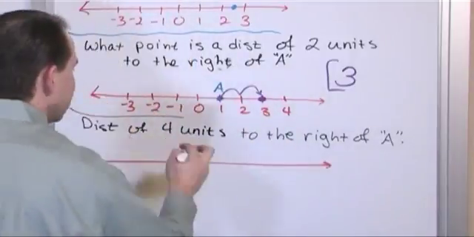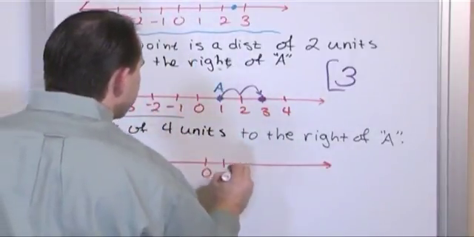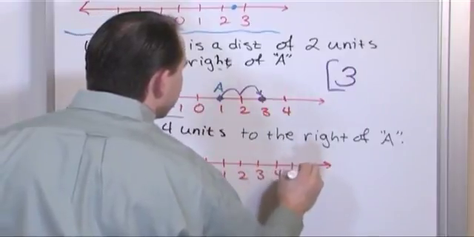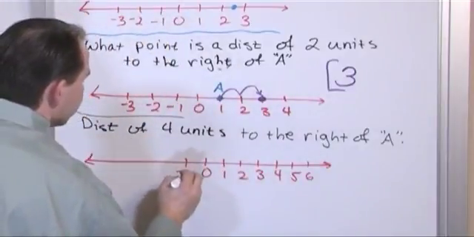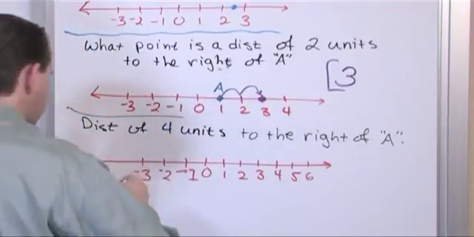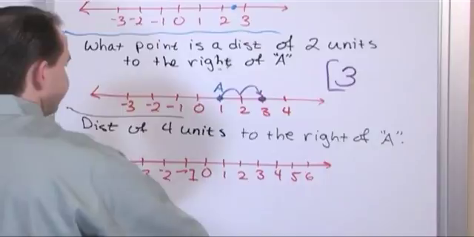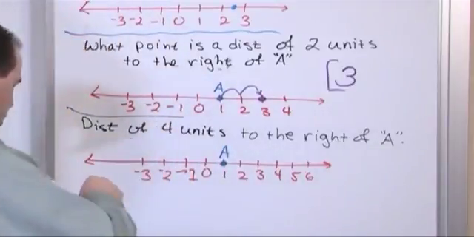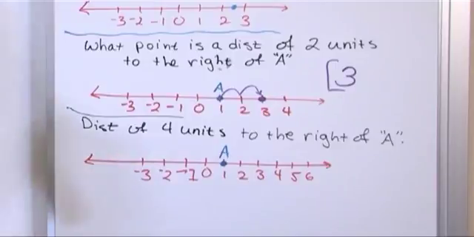There's nothing worse than having a cluttered diagram, so I would rather just draw it again. And of course, you have your negative numbers. Okay? Now, A is in exactly the same place as before. So the question is, what point is a distance of 4 units to the right of A?